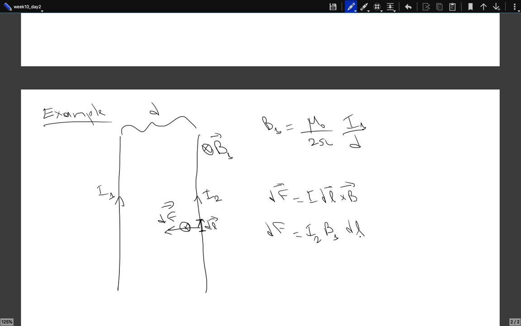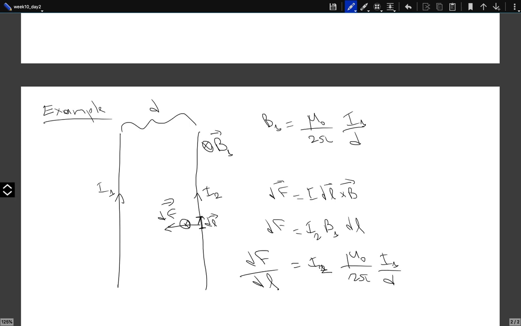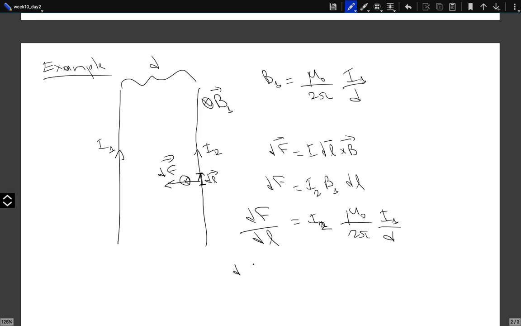So the force per unit length is just I2 times, well, we had already calculated B1. It will be mu 0 over 2 pi I1 over d. No, sorry, this is I2. Or the force per unit length is mu 0 over 2 pi I1 times I2 over d.